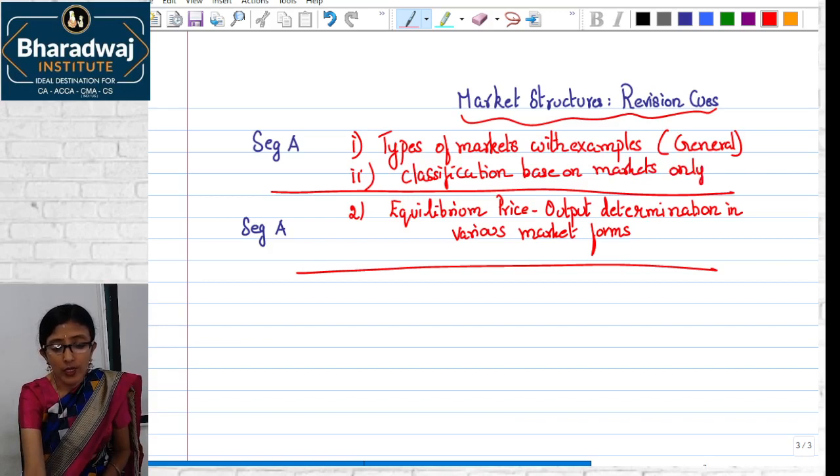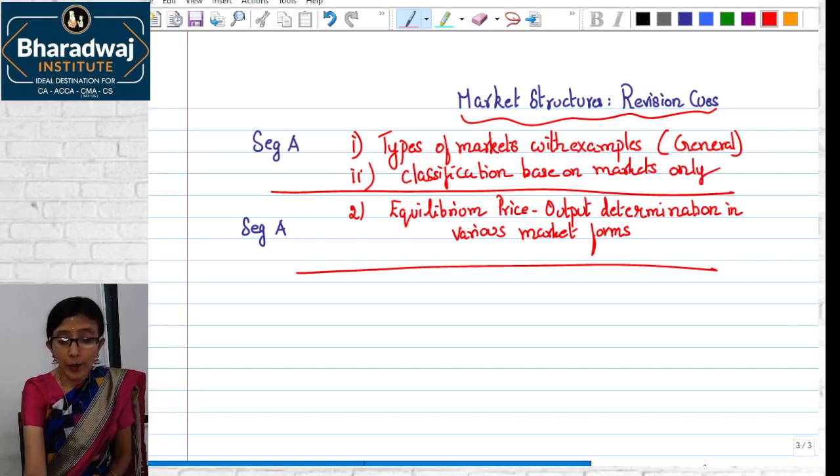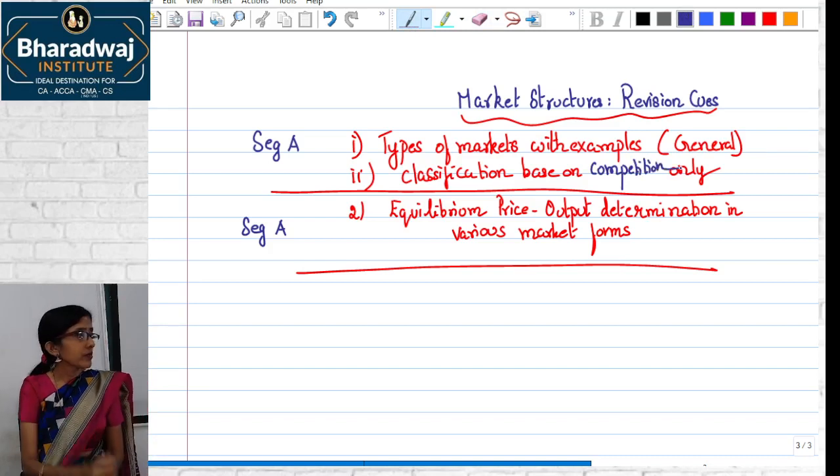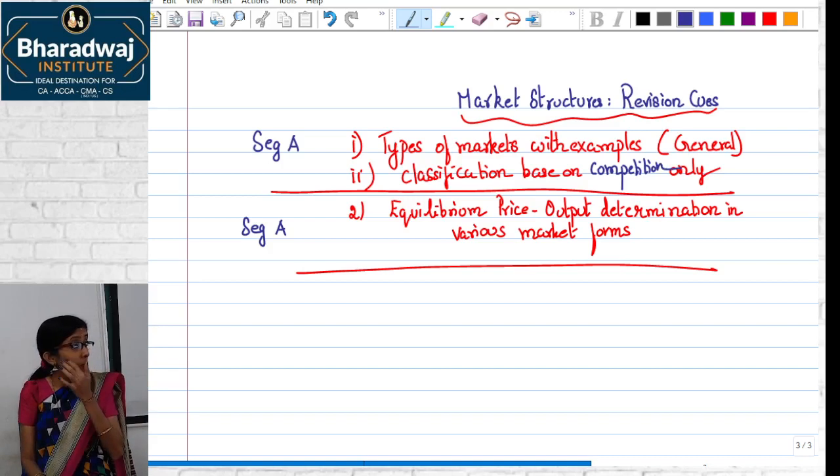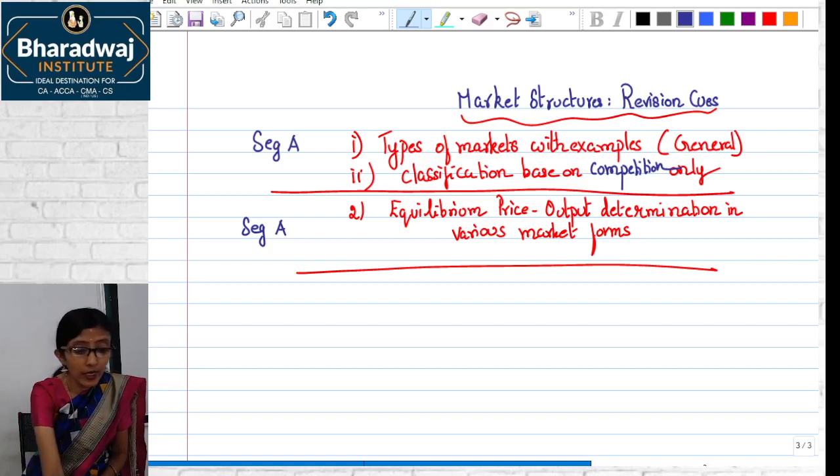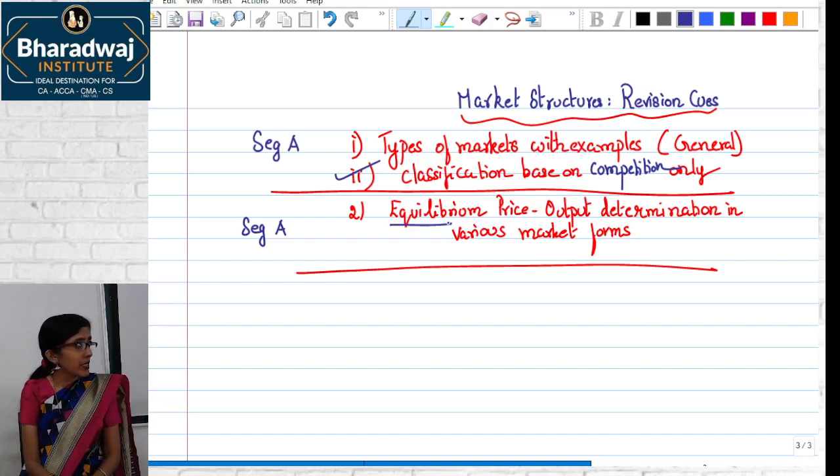Classification based on competition only. Very important. So that is where we are seeing the different types of markets. The second one is the basis for this equilibrium segment, the second segment.